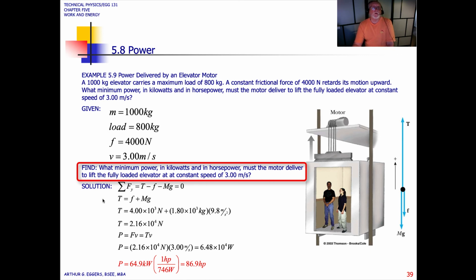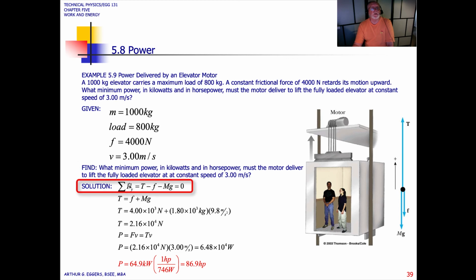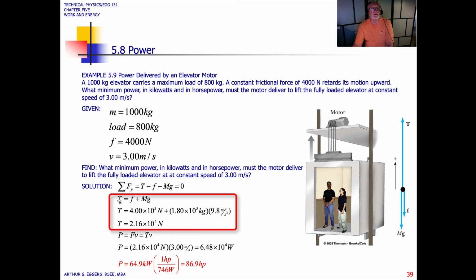So we go back to what we learned in our force relationship, or net forces. The summation of all the forces in the y direction is equal to, looking at the free body diagram, tension minus friction minus the weight, mg, equals 0. We haven't introduced an accelerating object here; we are looking at just the statics. So if we rearrange the terms, the tension is equal to the friction plus the weight.